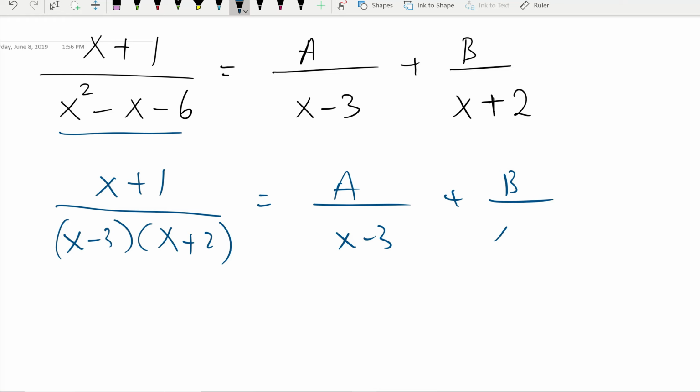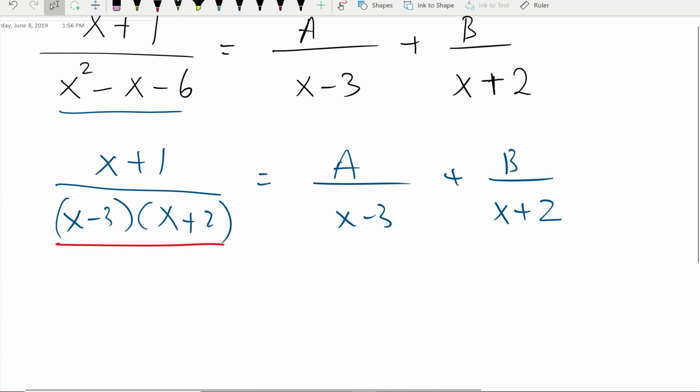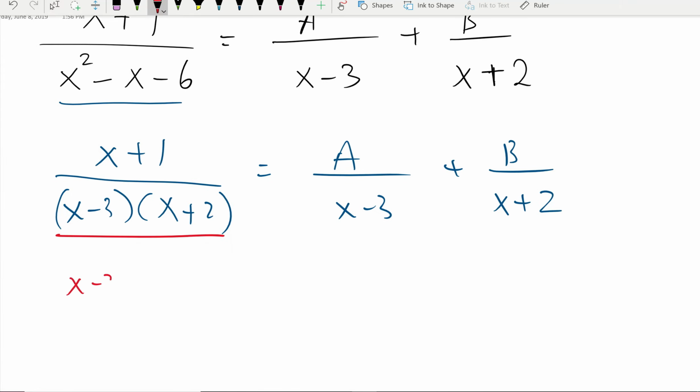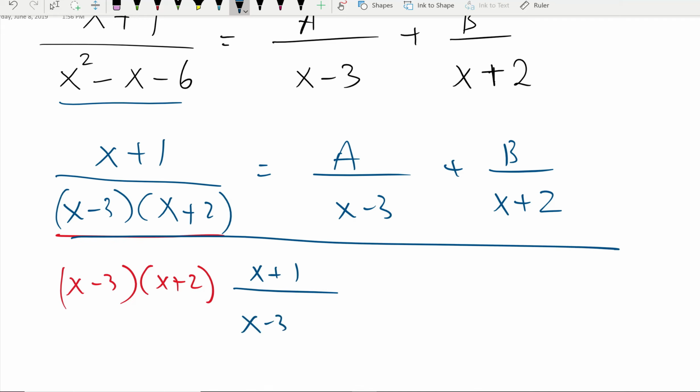Now what you're going to do to find these constants is take the factored denominator of that big rational function, and multiply every term on both the left hand side and the right hand side by that big denominator. Let me show you. I'm going to take that big denominator, x minus 3 times x plus 2, and multiply everything on both sides of this expression by that denominator.